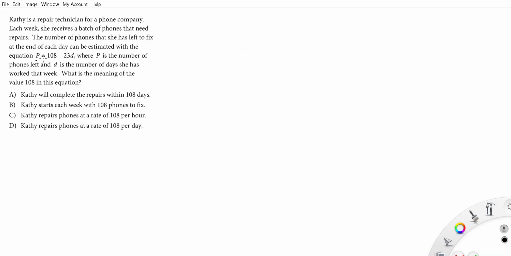Okay, so this is the equation that I'm given. I'm going to rewrite it here, and then I'm going to start labeling what I know and what I don't know. So it says here, Kathy is a repair technician for a phone company. Each week she receives a batch of phones that need repairs.